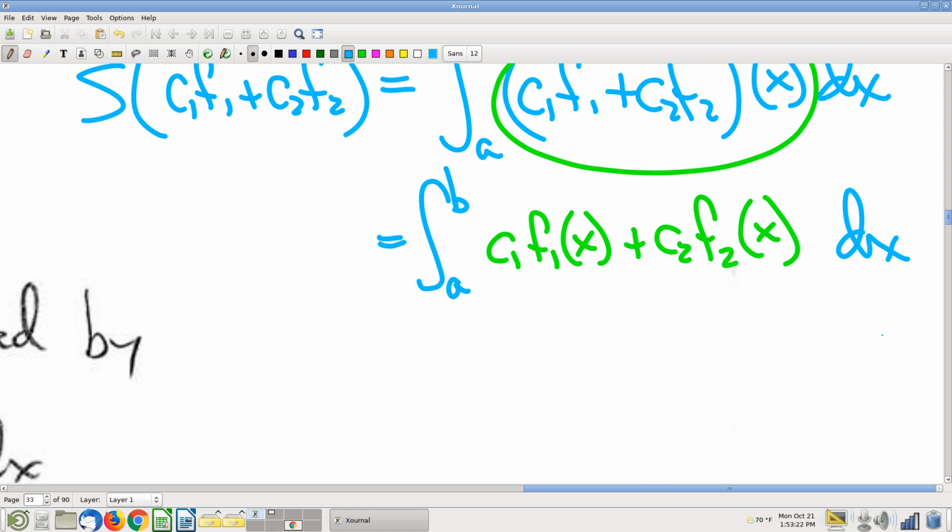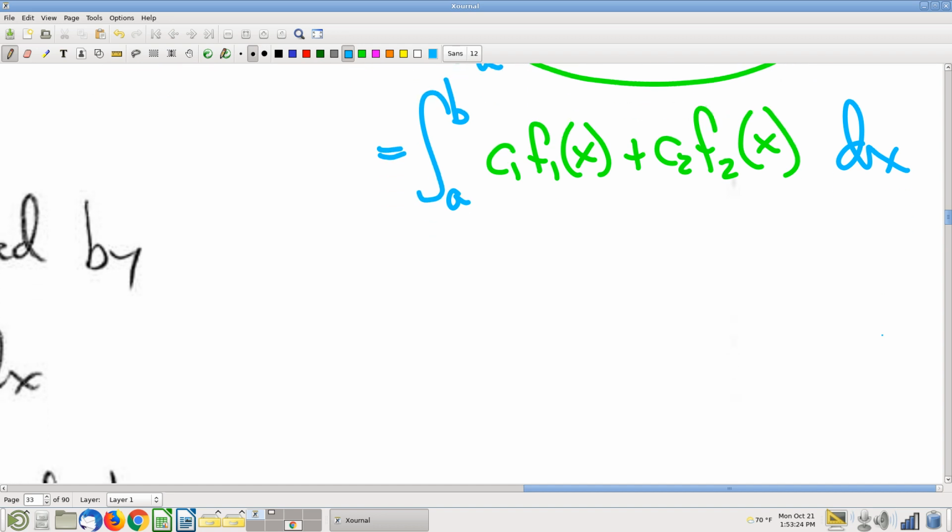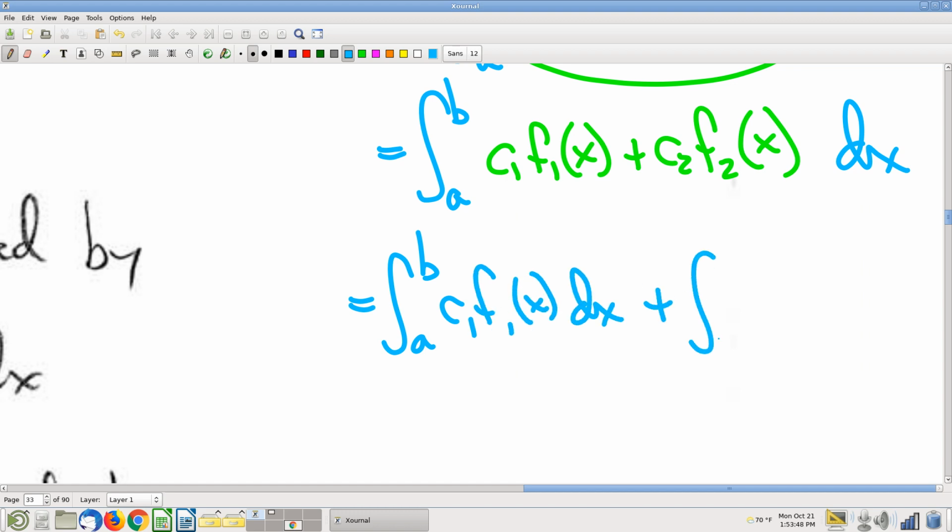Okay. Now, at this point, I'm going to invoke some single variable calculus results. We already know from Calc 1, Calc 2, somewhere along in there, that an integral of a sum is a sum of two separate integrals. So I'm going to rewrite this as the integral from A to B of C1 F1 of x dx plus the integral of C2 F2 of x.